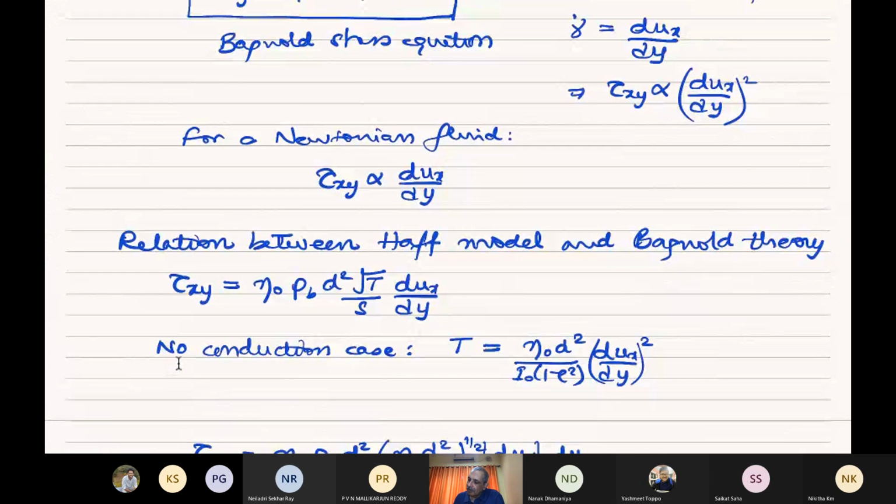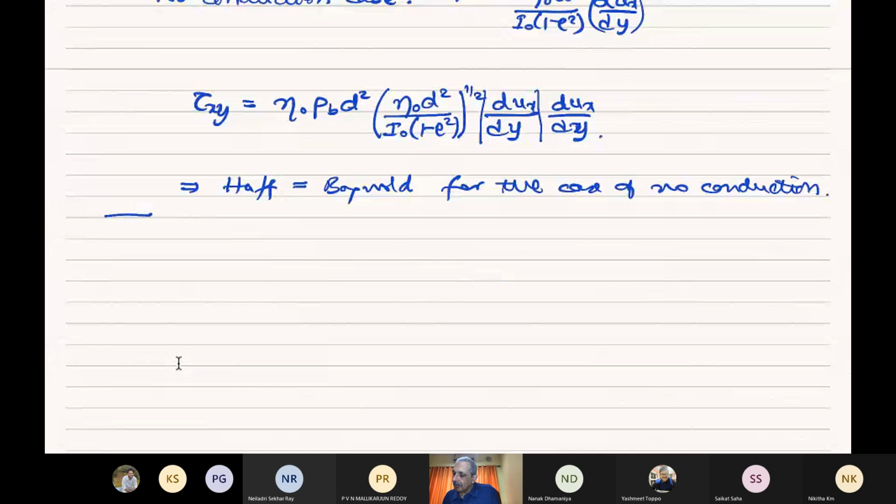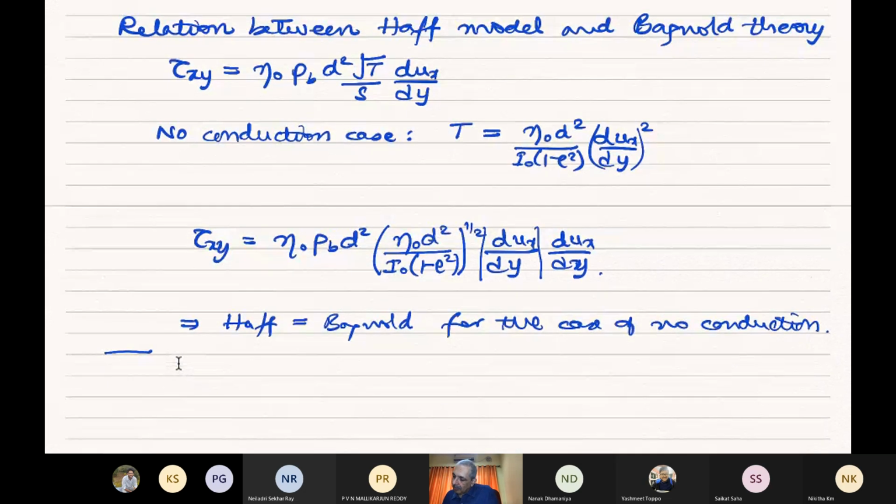So I should mention that this is validated by experiments. But if you actually look at it theoretically, then this will hold good only if the temperature is proportional to the velocity gradient. And really what we are finding, if you look at this equation, this part is the viscosity. So tau xy is viscosity into dux by dy.